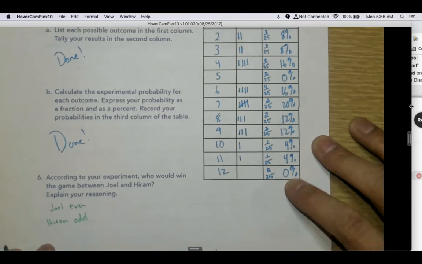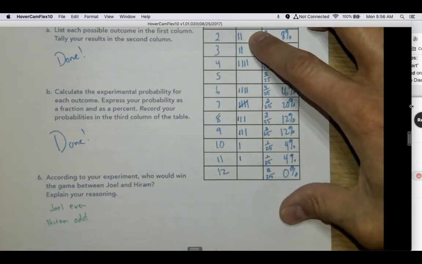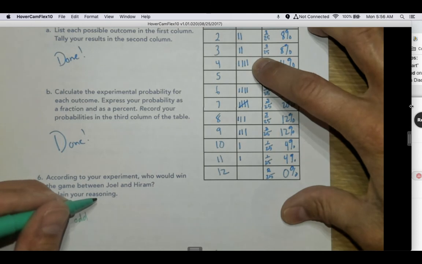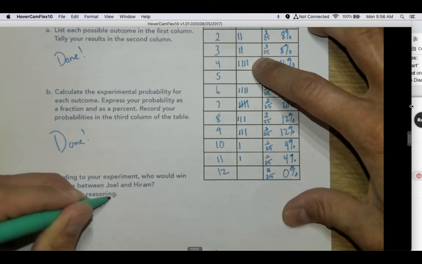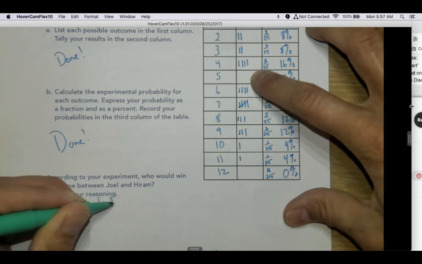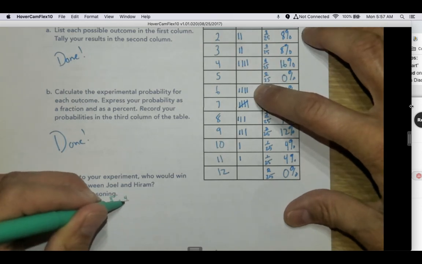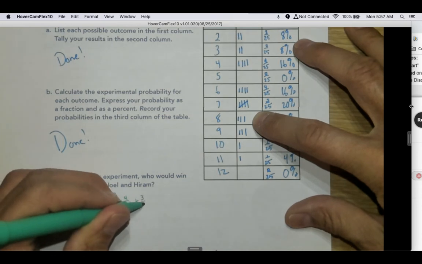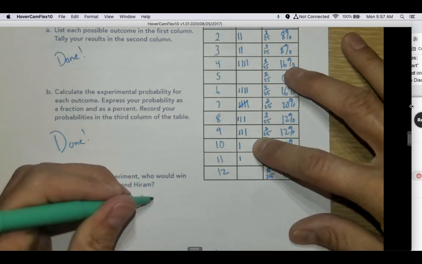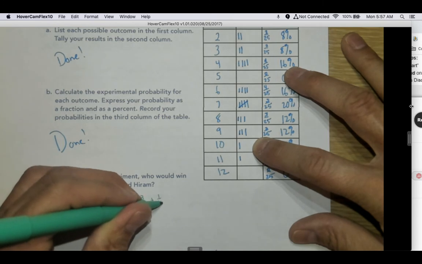Even would have occurred 2 out of 25 plus 4 out of 25 plus 4 out of 25 plus 3 out of 25 plus 1 out of 25.